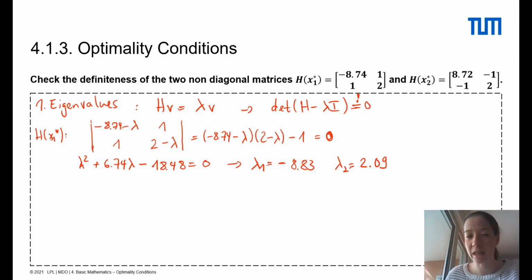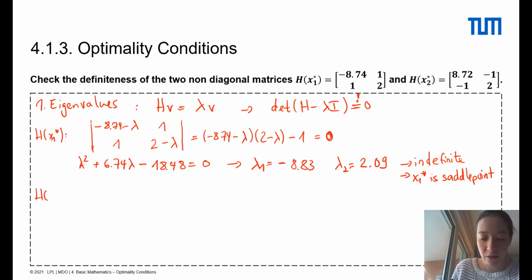So not magnitude, but just order them from the smallest to the biggest. Okay, they have different signs. So our Hessian is indefinite. So as before, x1 star is a saddle point.